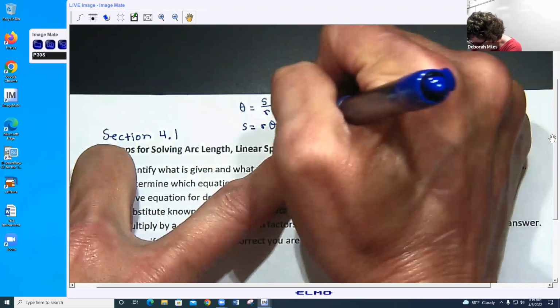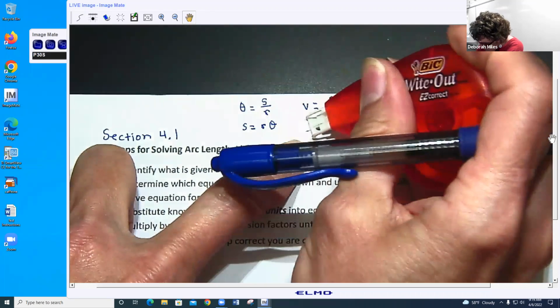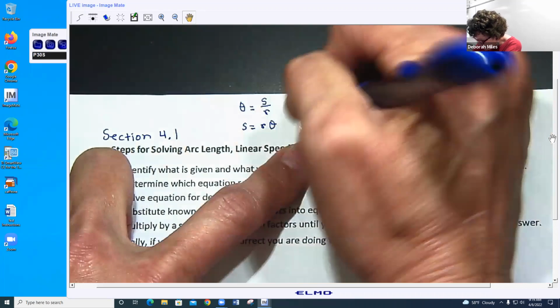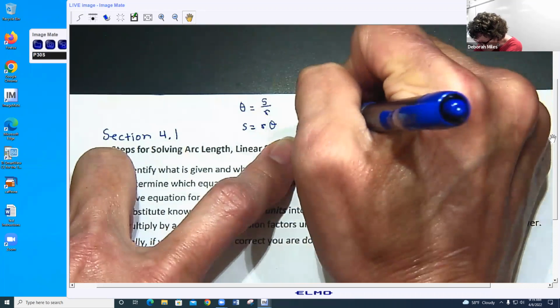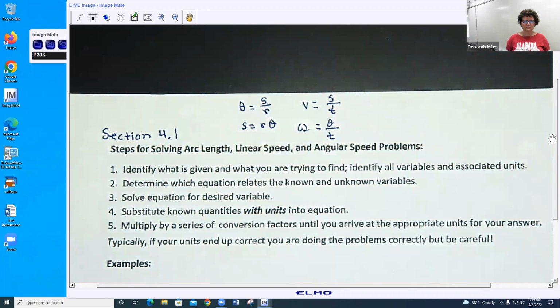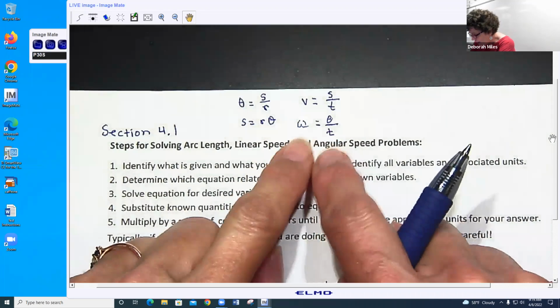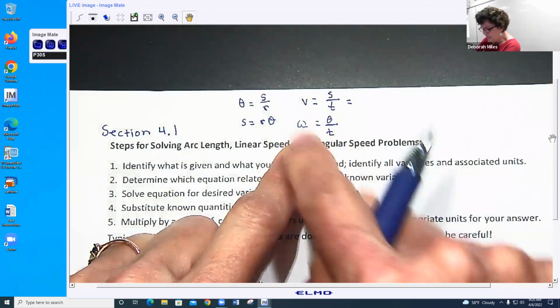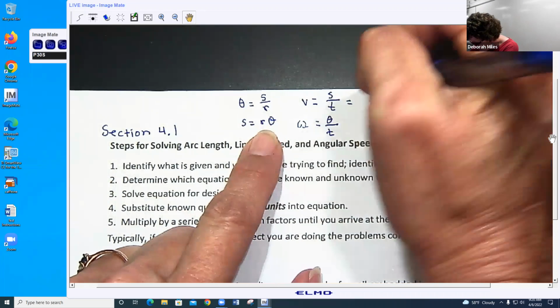And then the definition of angular velocity, the variable we used for angular velocity was that omega. That's an amount of rotation divided by time. And then the last formula was express linear velocity in terms of angular velocity. And all we did for that is say, well, in this linear velocity formula, I could say S is r times theta.